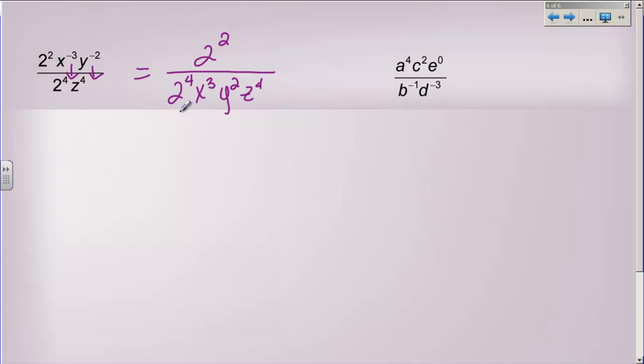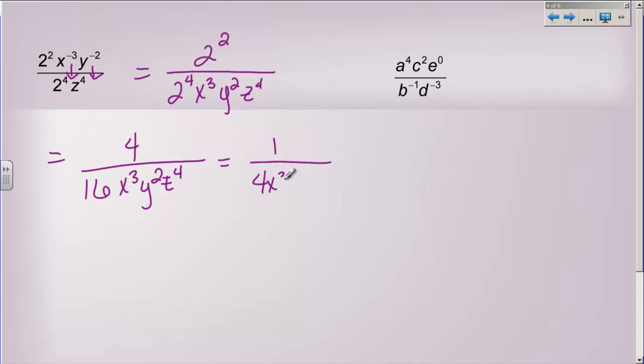Let's go ahead and simplify our numerical bases. 2 squared is 4. 2 to the 4th is 16. Then I have x to the 3rd, y squared, z to the 4th. 4 over 16 will simplify to 1 over 4. Then I have the x to the 3rd, y squared, z to the 4th. There is your simplified version of that expression.